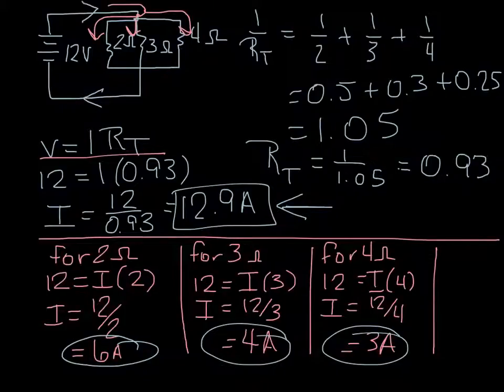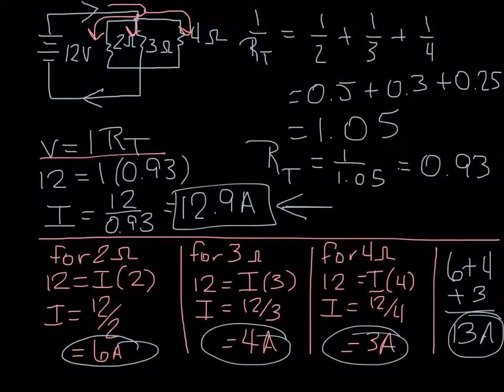So we have 6 plus 4, which is 10, plus 3, so that's 13 amps total. So 13 amps is very close to 12.9. Rounding, it's the same. When you add the branches up, it equals 13.